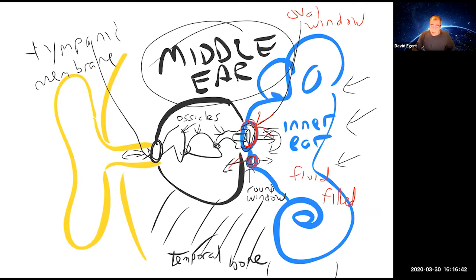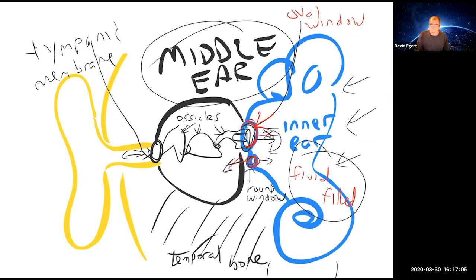So again, the ossicles are all about being able to efficiently transfer the energy from the air vibration into a vibration in the fluid-filled world of the inner ear. Conduction deafness, which we talked about in lab a bunch, right? That is if this process is not working.